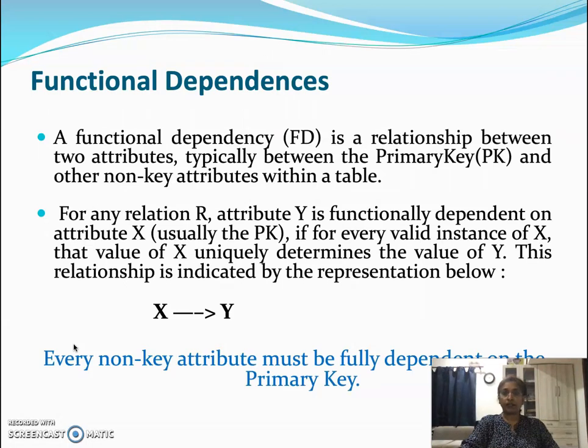Functional dependency is a relationship between two attributes like primary key and a non-key attribute. Here we see that y is functionally dependent on x. This means that x uniquely determines the value of y. Every non-key attribute must fully be dependent on the primary key.